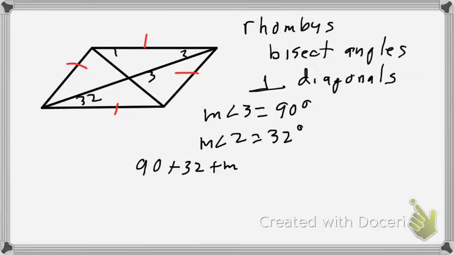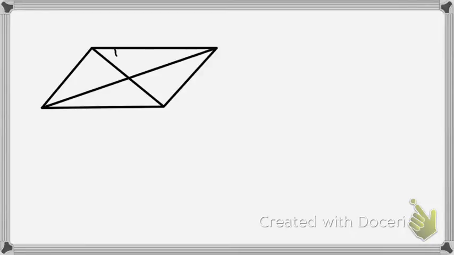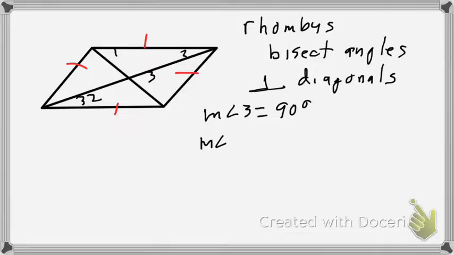Why do we know that 3 is 90 degrees? Not just because I said so, but because it's right. Wow, I'm not doing well today. Let me get back to where I was. So I know that because the diagonals are perpendicular to each other, angle 3 is going to be 90 degrees.